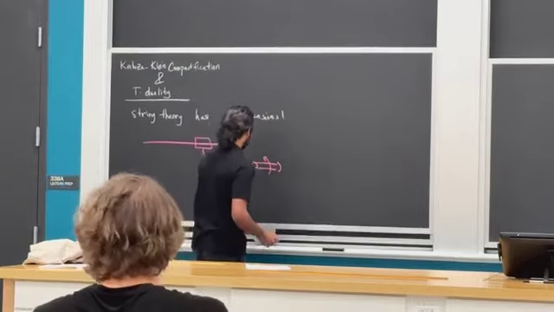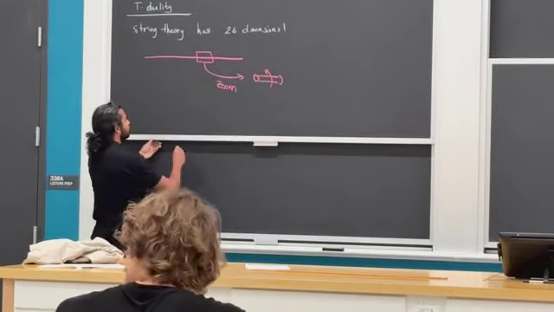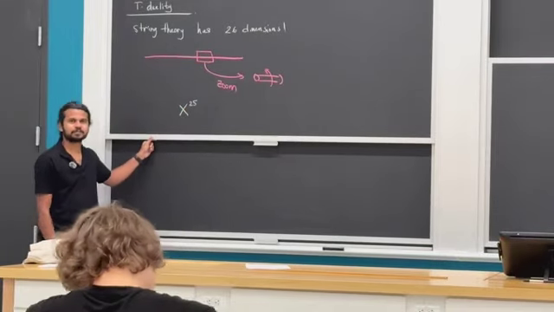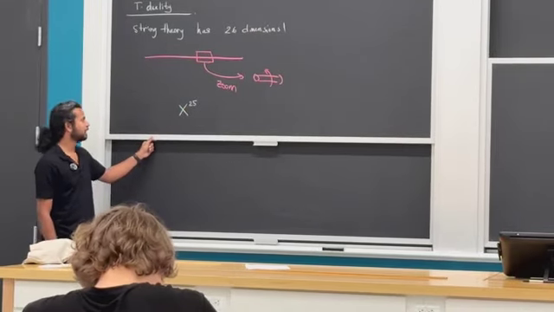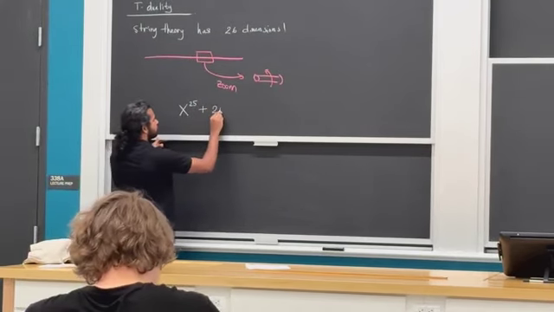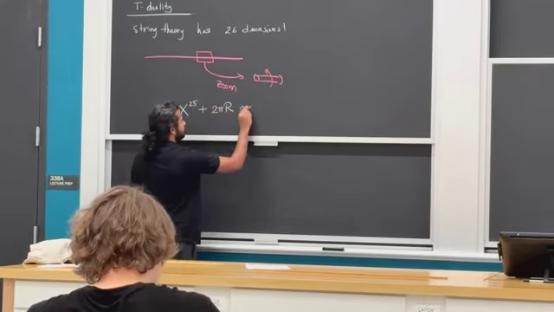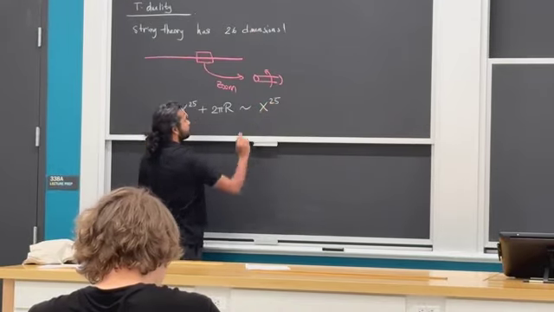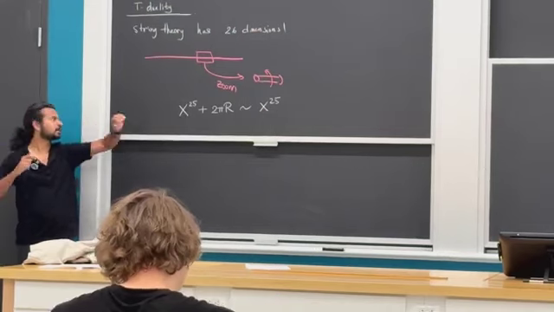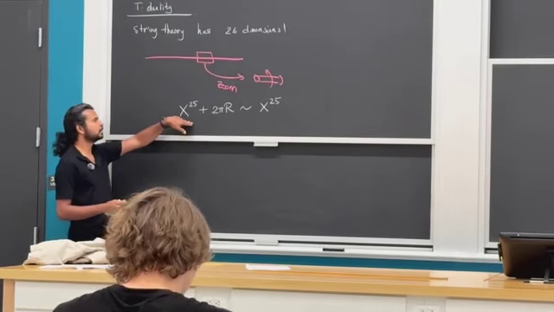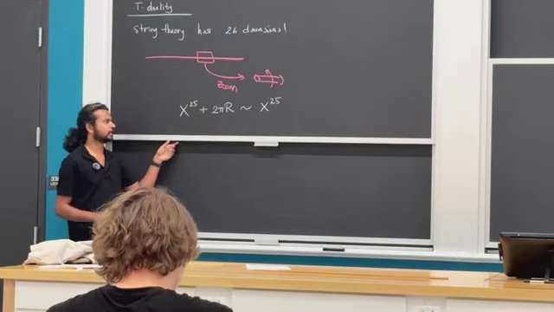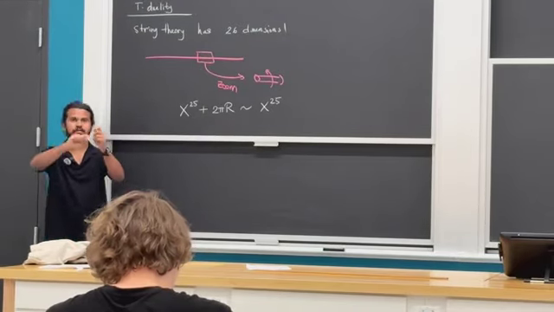For example, let's take the 25th spatial direction and claim that this is like a circle. So x25 plus 2 pi r is the same as x25. This is the idea of compactification. You are just identifying the 25th dimension modulo 2 pi r, and r is the radius of the compact dimension.